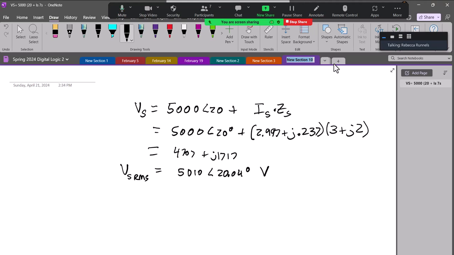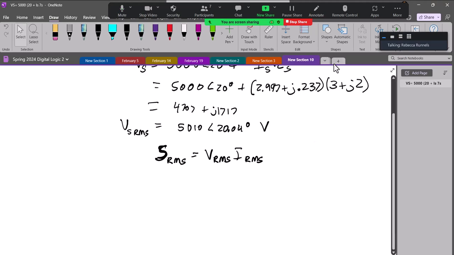And so the problem asked us to get the complex power supplied by the source. So now we're ready to do that, because the complex power supplied by the source, S RMS, is V RMS times I RMS. And we have both of those things.